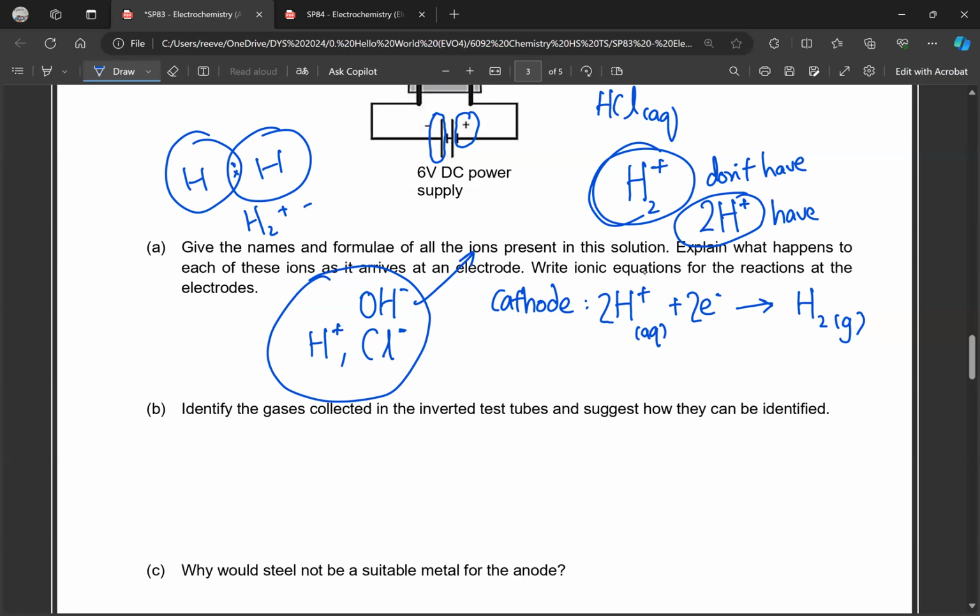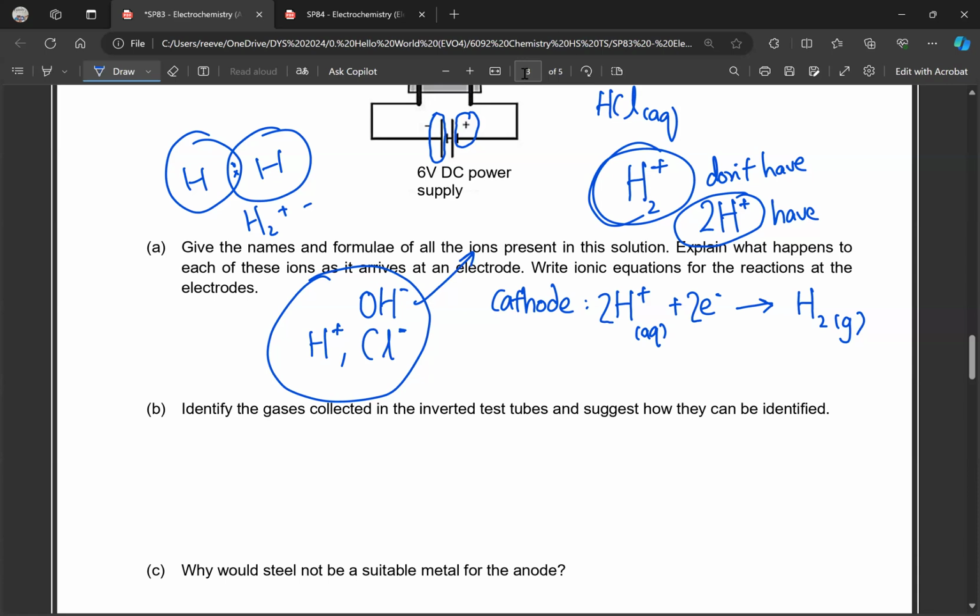Only ionic compounds have ions with plus and minus. So there's no such thing as H2 plus, but there is H plus, and 2H plus means I have 2 sets of H plus. The H2 is hydrogen gas, a covalent molecule, and it will not have charges because the atoms share electrons and don't lose or gain them.